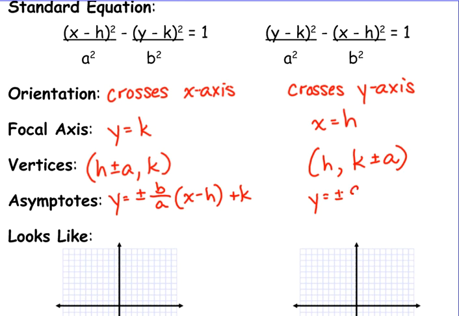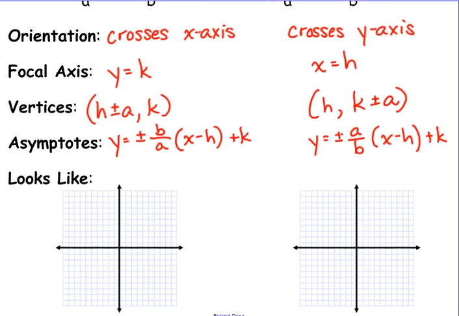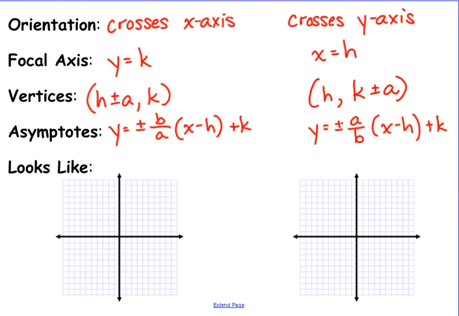Y equals plus or minus a over b, x minus h plus k. I've never really seen them ask a question about the asymptotes, but I wanted to throw it out there because it is a fact about it. Here's what hyperbolas look like. They kind of look like two parabolas facing in opposite directions.